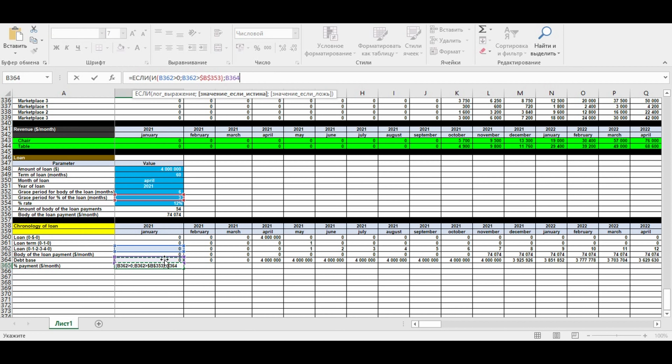We take the base, multiply by the interest rate, fix it, divide by 12 months.